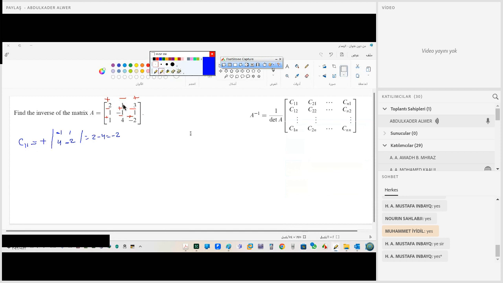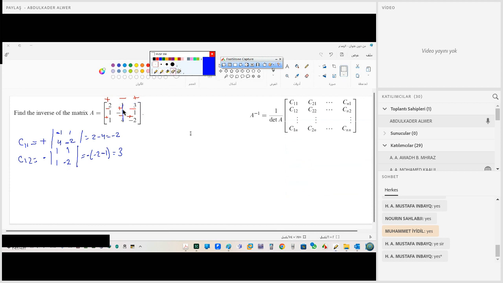C12: cancel this, cancel this. It is minus 1, 1, 1, 2, minus 2. 1 minus 2 is minus 2, minus 2 minus 1, I guess. It is minus 3.